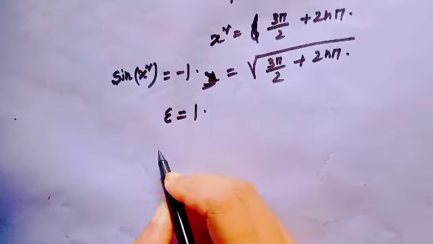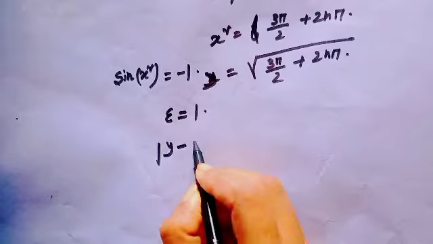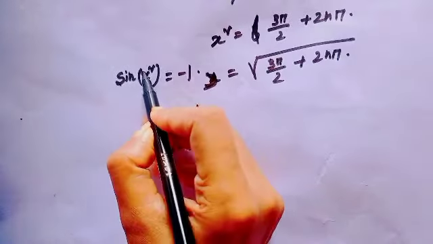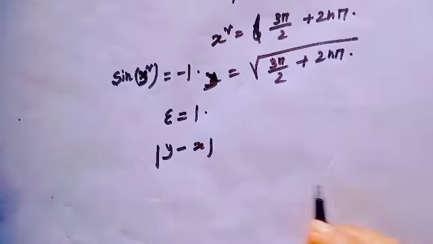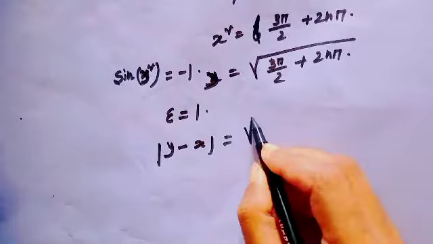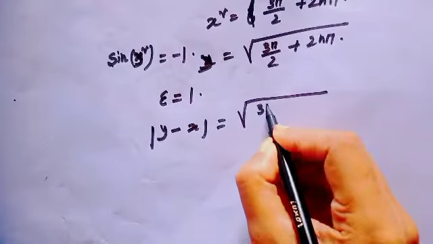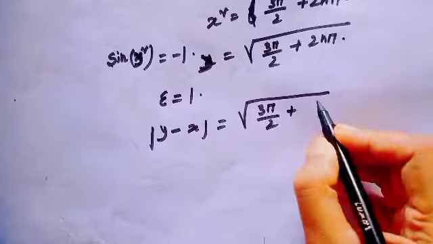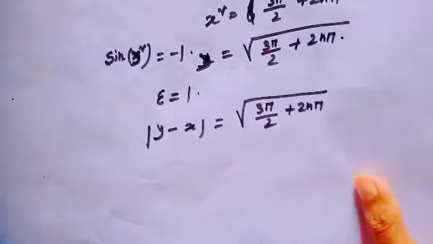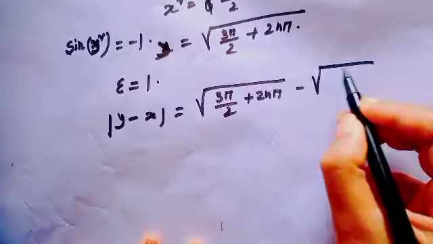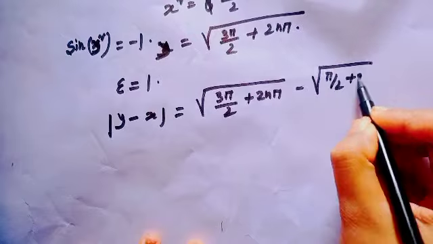That means absolute value of y minus x, so here would also be y square, is square root of 3 pi over 2 plus 2n pi minus square root of pi over 2 plus 2n pi.